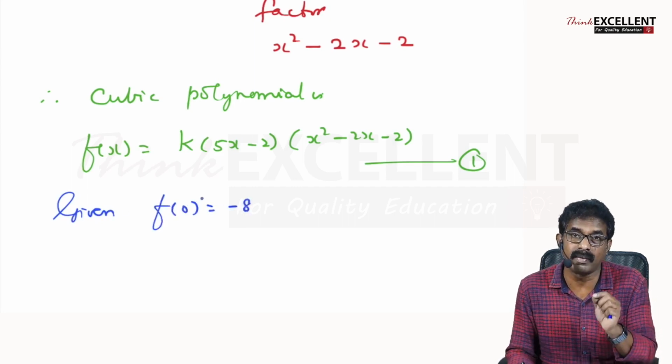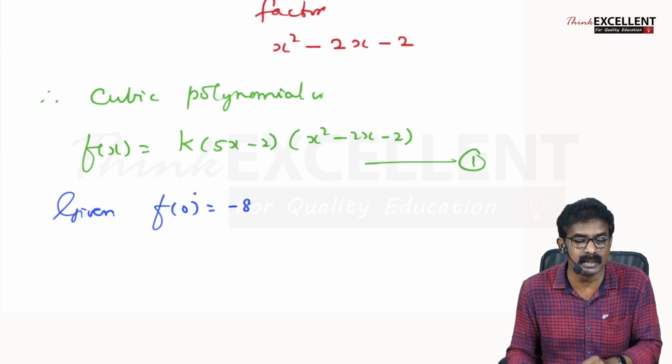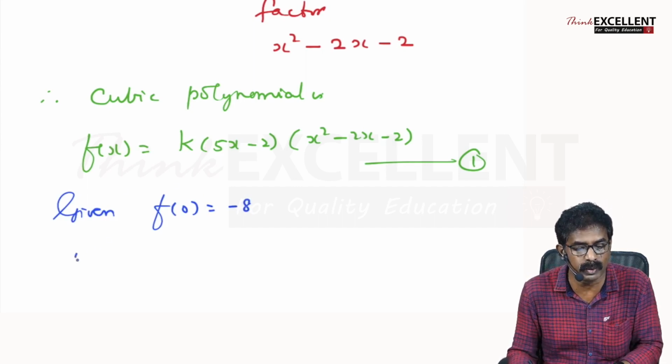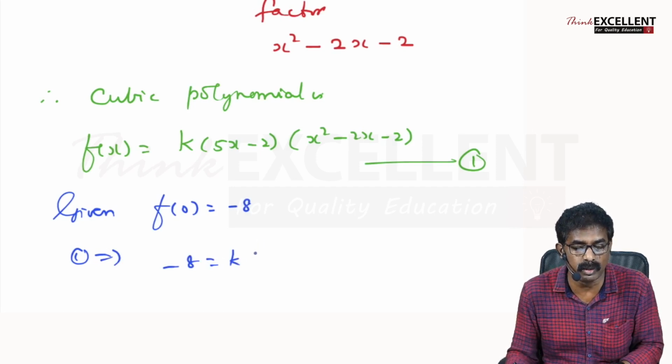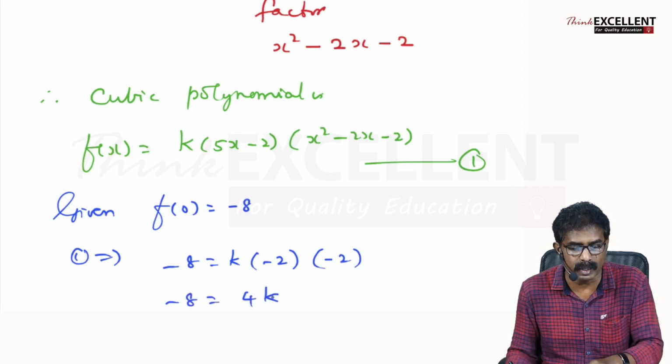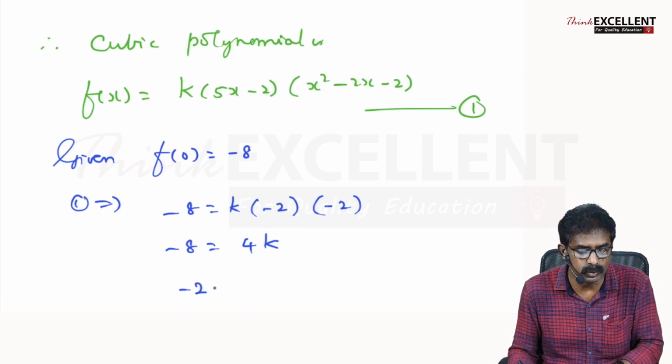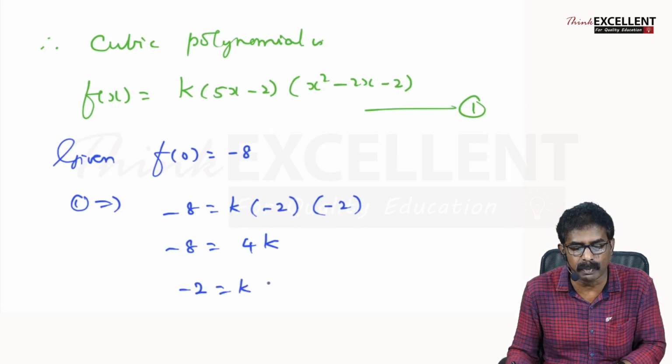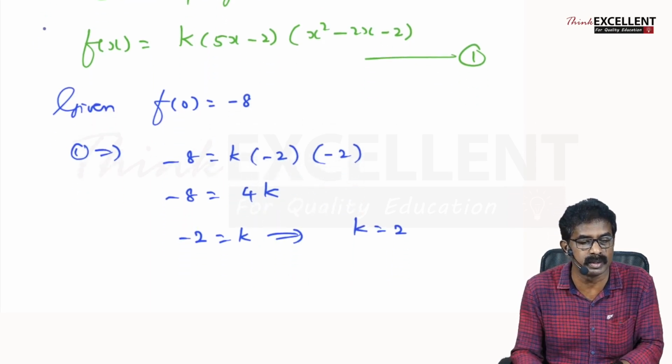What's the meaning? Wherever x comes, you put 0 and your answer is minus 8. So instead of f of x, you write minus 8. Minus 8 equal to k into, x is 0, so 5 into 0, first term 0, 0 minus 2, so minus 2. In the second bracket, x is 0, so the first and second terms become 0, you get only minus 2, right? So minus 8 equal to minus into minus plus 4k. So cancel 4, minus 2 equal to k. So k value is minus 2.